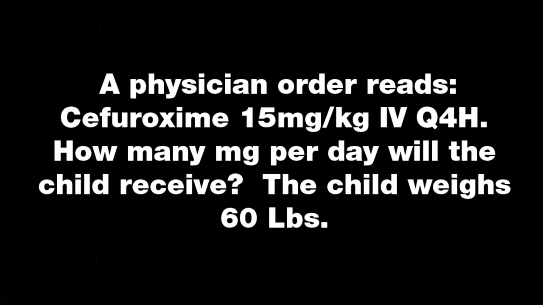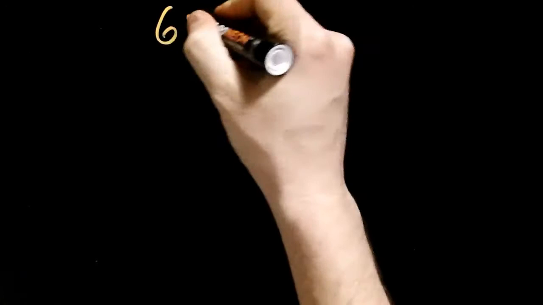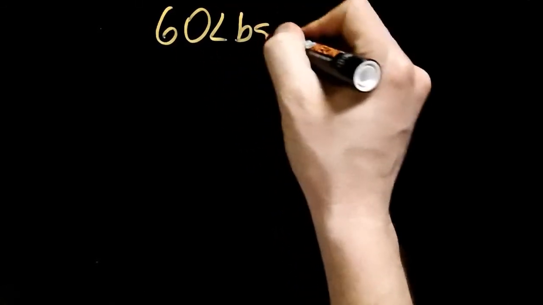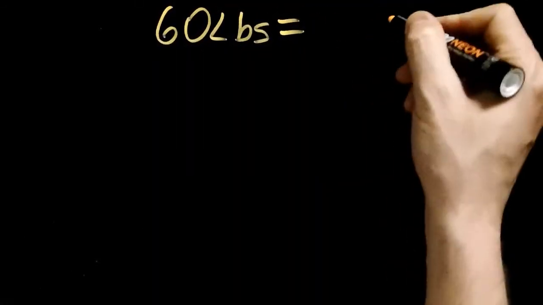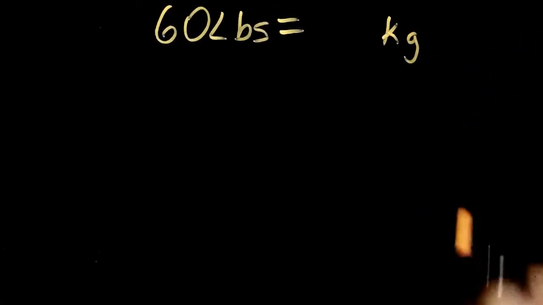Now earlier I'd said if you see something written in pounds, you immediately just want to convert it to kilograms. Almost all problems, almost all equations you deal with will deal with the child's weight in kilograms. So whenever I see pounds, and in this case it's 60 pounds, I'm going to convert it to kilograms.